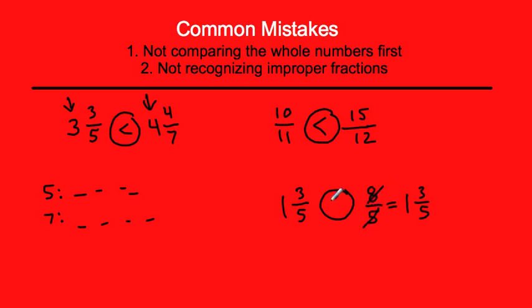Now you can see that it's equal, but it didn't look equal when you just looked at the whole number part. So number 1, make sure that you're comparing the whole numbers. Number 2, recognize the improper fractions, and if you need to, convert them to a mixed number before you go on with your comparison.